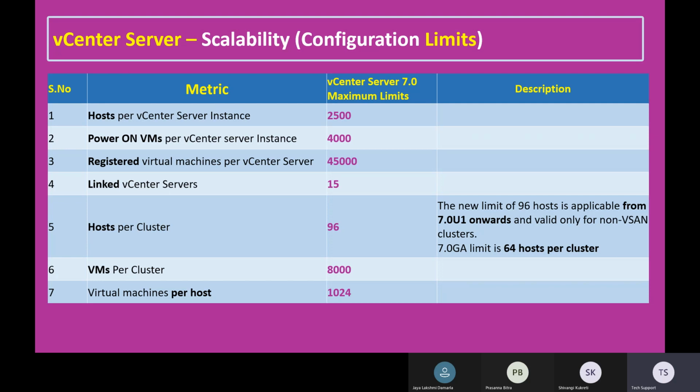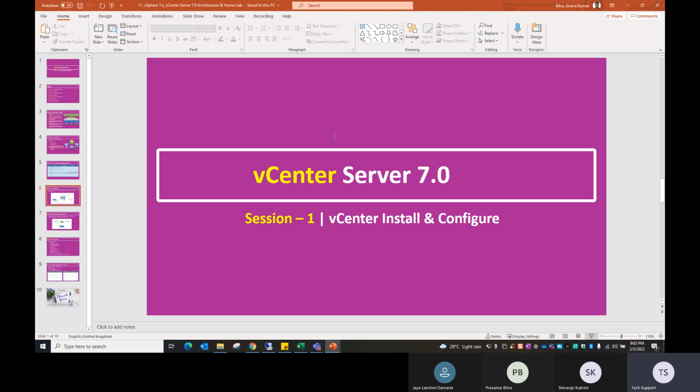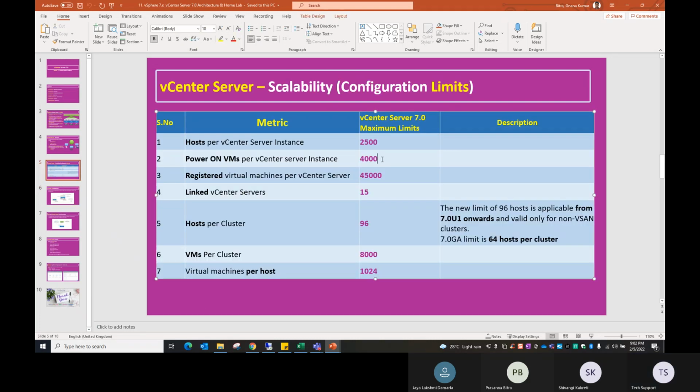Some additional information we can find from the configuration maximum guide. The main key items are hosts per vCenter server, 2500, and power on virtual machines in a vCenter server instance. A vCenter server instance means one vCenter only. 40,000 VMs it will support. Sorry, there is a typo. It's 40,000.